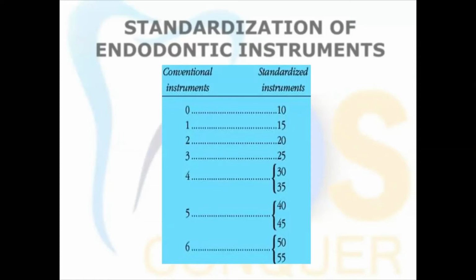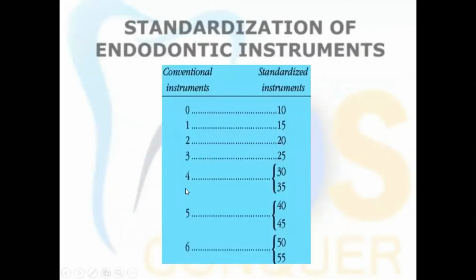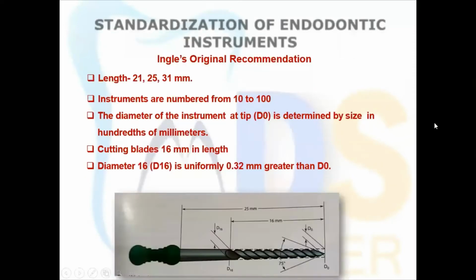Instruments were arbitrarily numbered from 0 to 6, and also instruments of one manufacturing company didn't coincide with the instruments of another manufacturing company due to differences in dimensions of the instrument, such as length, diameter, or whatever. So to prevent all these drawbacks, Ingle and Levin proposed the standardization of the endodontic instruments.